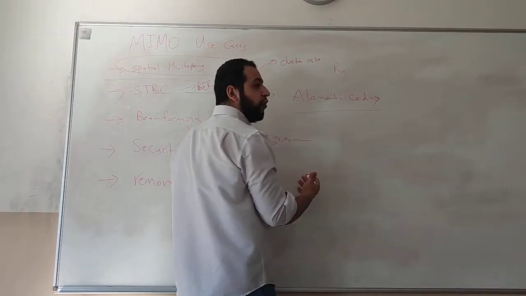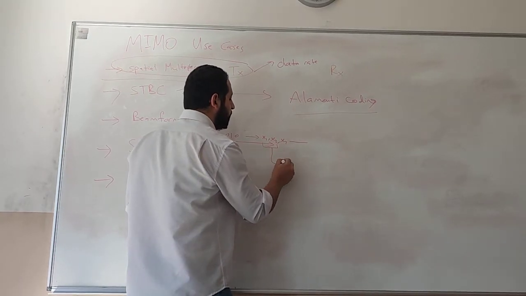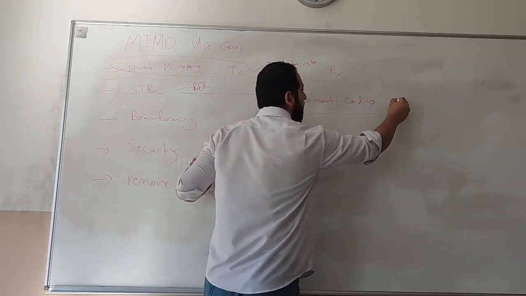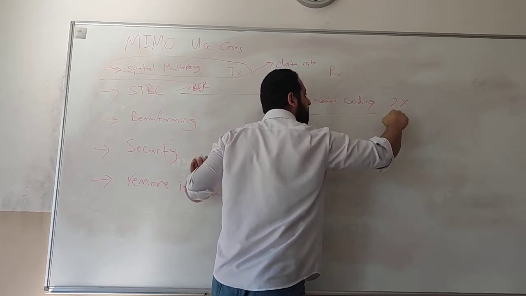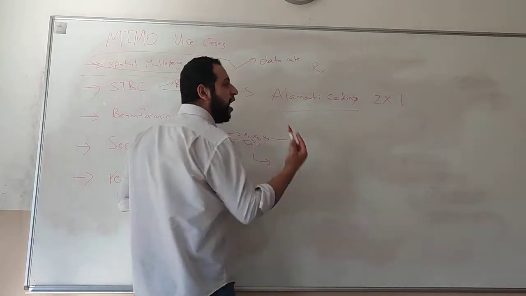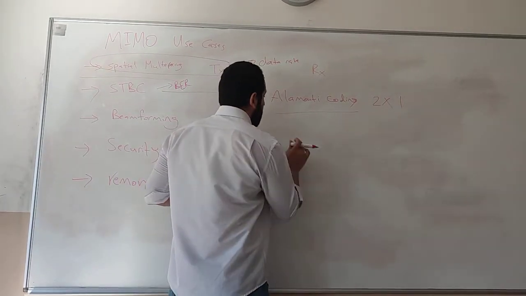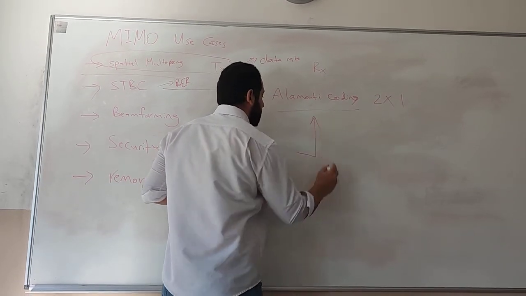So in Alamouti coding, you take 2 symbols by 2 symbols. Assume Alamouti coding for the case where you have 2 transmit antennas at the transmitter and one receive antenna.